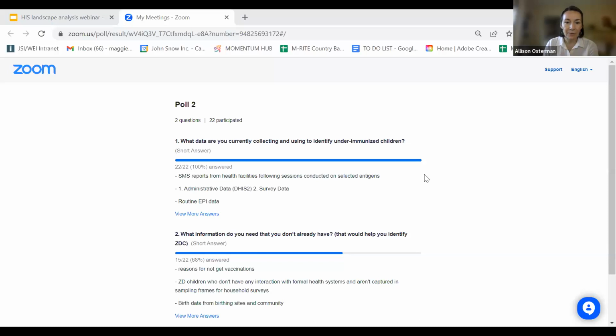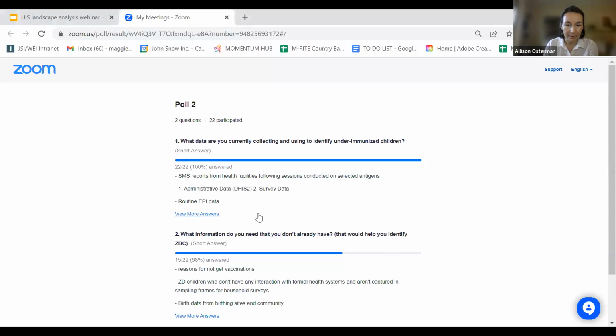Great. So for the first question, some of the data that you all are collecting, I see things such as SMS reports from health facilities following sessions conducted on selected antigens, administrative data coming from DHIS2, survey data, routine EPI data.